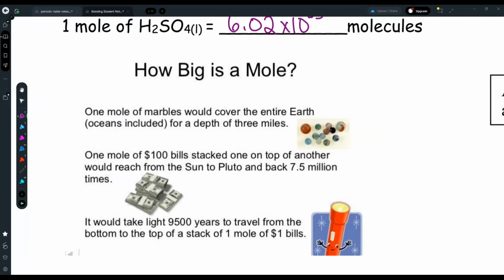So 1 mole of marbles, so that would be 6.02 times 10 to the power of 23 marbles. That would cover the entire Earth, with the oceans included, for a depth of 3 miles. Okay? Or alternatively, 1 mole of $100 bills stacked one on top of another would reach from the sun to Pluto and back 7.5 million times.